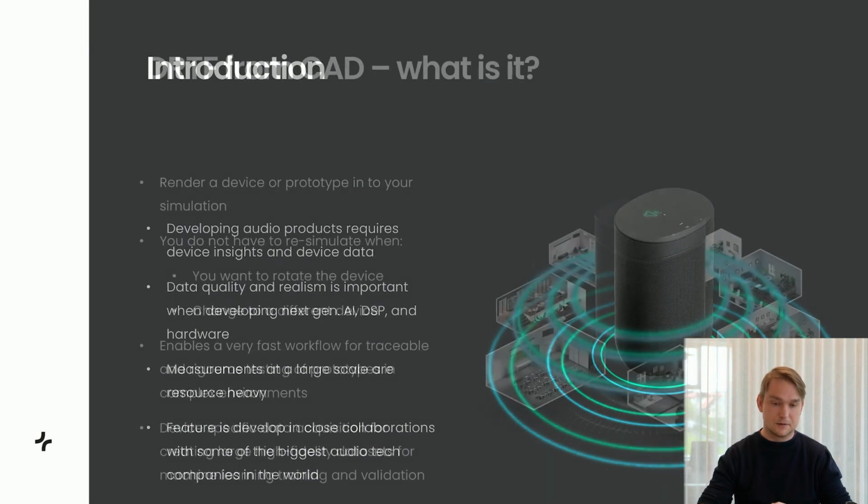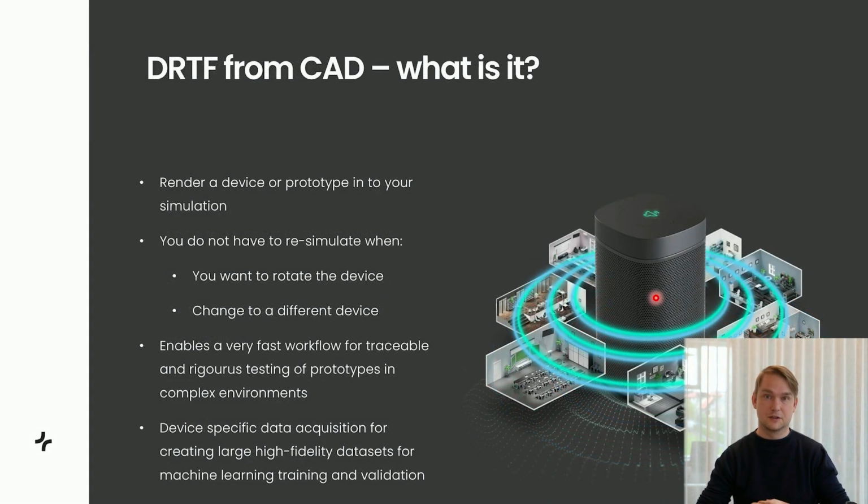So let me just quickly introduce what the feature is. It allows you to render in a device or a prototype into a simulation of, for example, a restaurant or a virtual laboratory and so on. So a very complex environment. But the game changer here is that you do not have to re-simulate every time you do an augmentation of your device. Meaning, for example, if I want to rotate my device around to get angle-dependent input, I can do that in post-processing, taking just a few seconds.